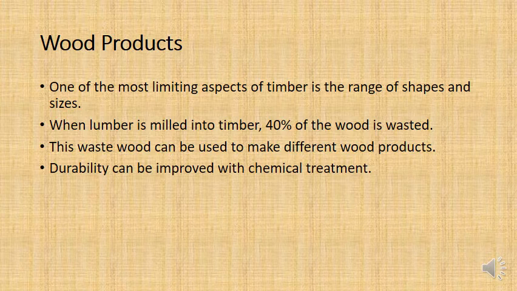And you can fix that a little bit with malleability. You can bend timbers and poles a little bit, but you can't do too much with it in terms of shape, because basically the shape of the timber is determined more or less by the shape of the tree, and trees never grow in the shape you want them to.